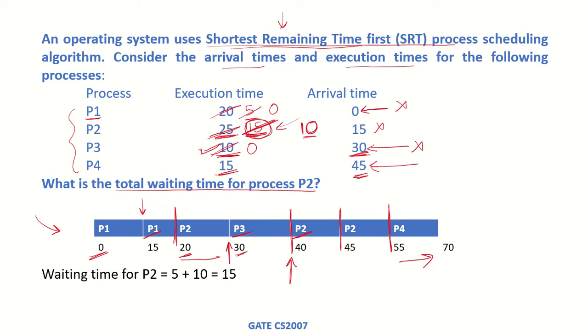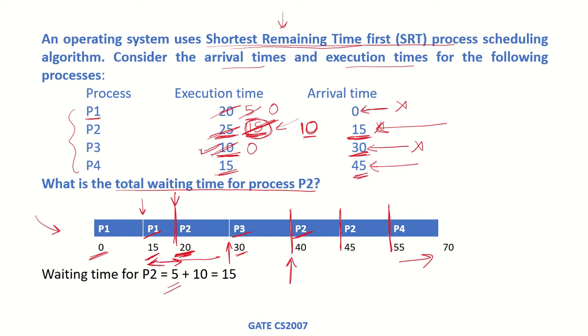So what is the total waiting time for process P2? This is what we are supposed to find out. Process P2 was given the CPU at time unit 20, whereas its arrival time was 15. So it waited for 5 time units over here.